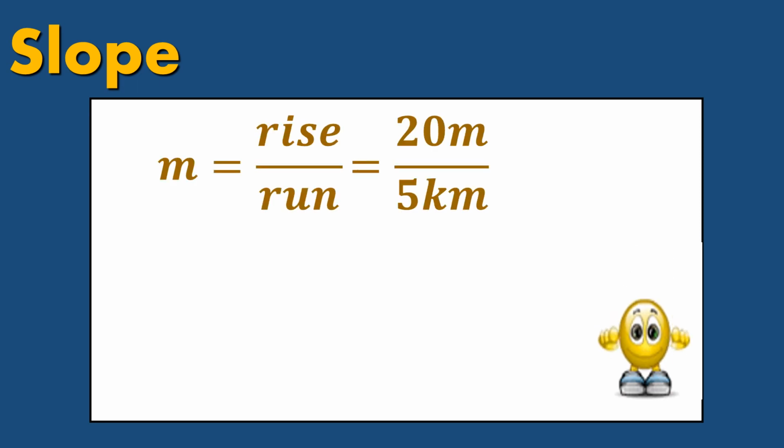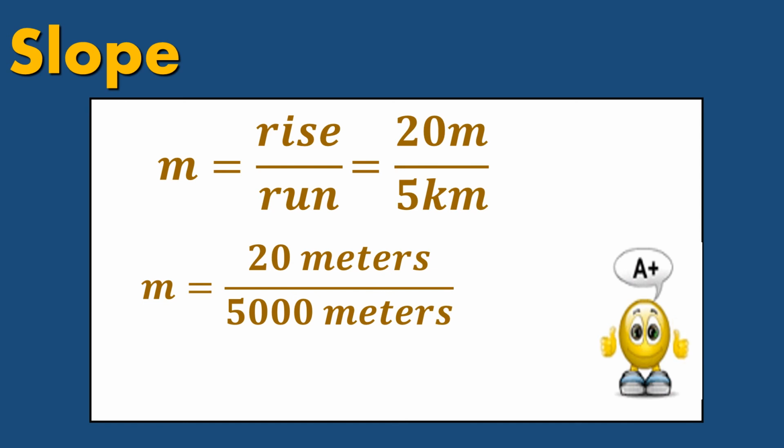So we arrive with 20 meters all over 5 kilometers. This time, we're going to convert 5 kilometers into meters. That's why we arrive with 20 meters all over 5,000 meters. Thus, the final answer will now be 1 all over 250.